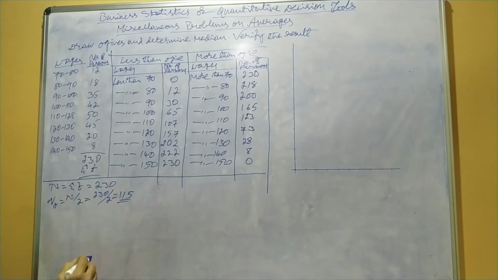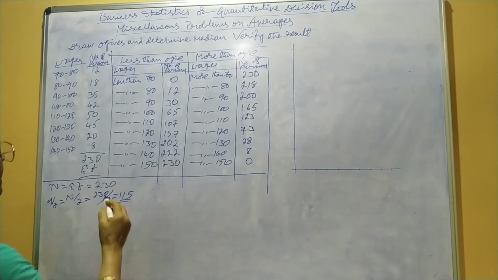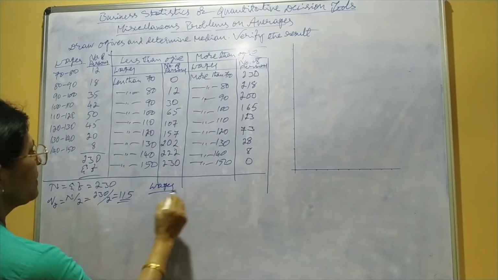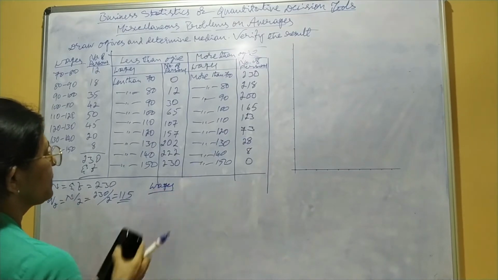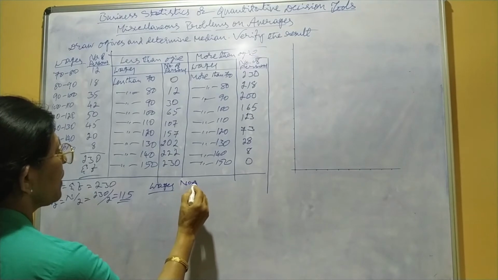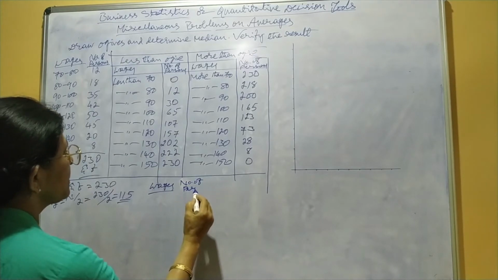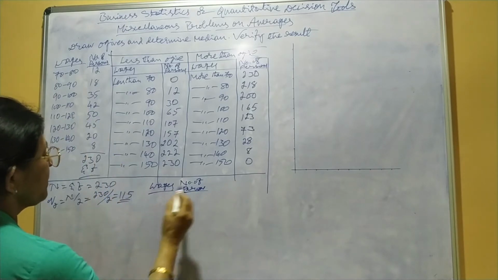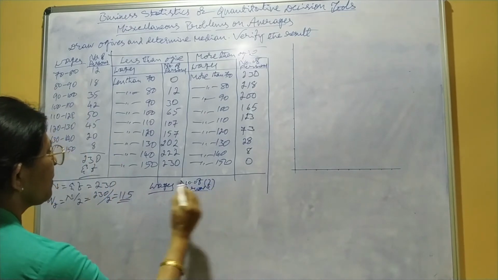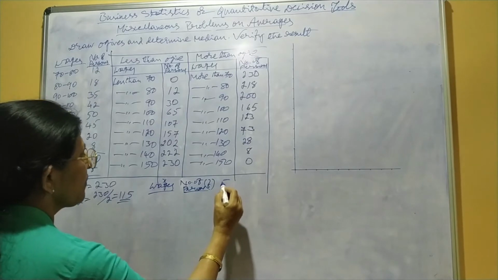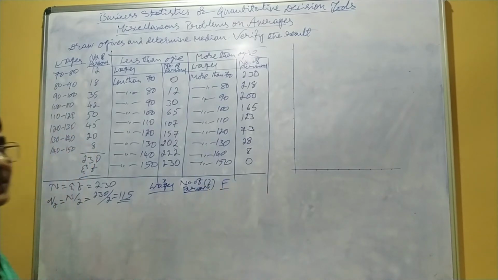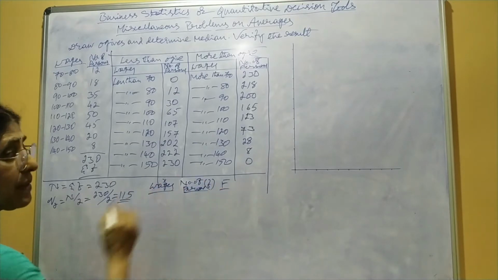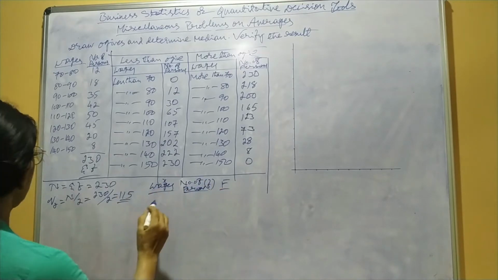In this case, you may take simultaneously, first column is wages, second column number of persons. Wages, number of persons, that is nothing but F. This one is X. Now we need cumulative frequencies. Here we denote it by capital letter F. This is nothing but cumulative frequency.